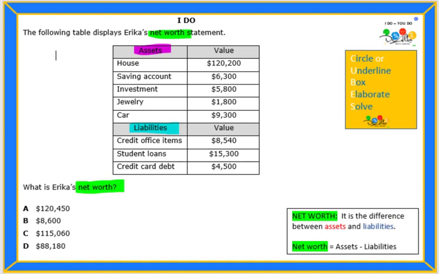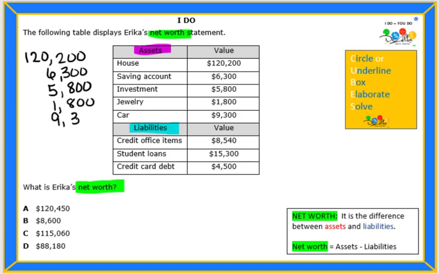Okay, so let's get the sum of all of our assets. We're going to take the 120,200, 6,300, the savings, our investments of 5,800, jewelry that is worth 1,800, and the car that is valued at 9,300.